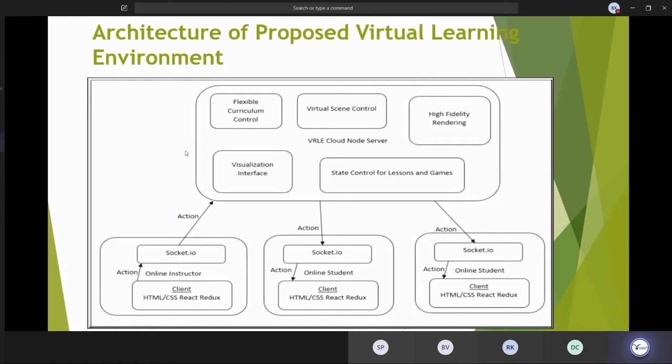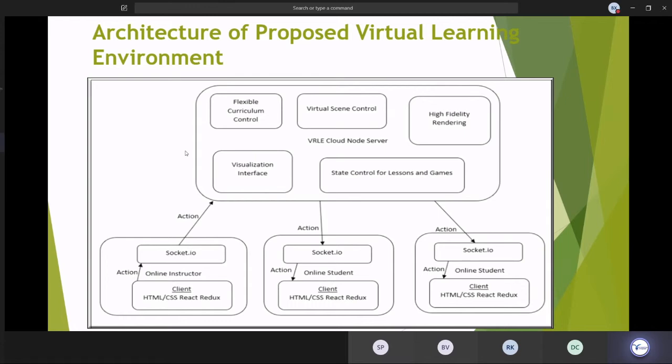This is the architecture of the proposed virtual learning environment. In this architecture, it is very easily seen that the architecture is designed in four different parts. Three of them pertain to the users of the virtual reality learning environment, and the fourth part pertains to the virtual reality learning environment cloud node server.